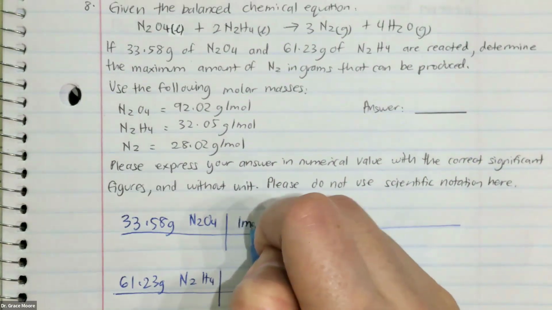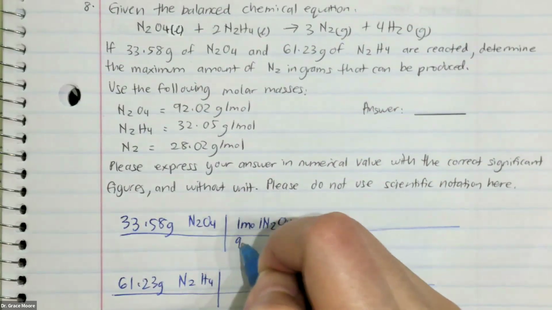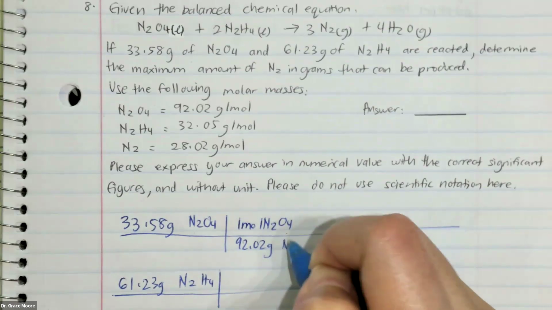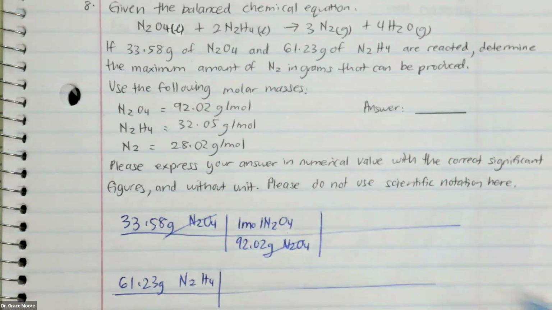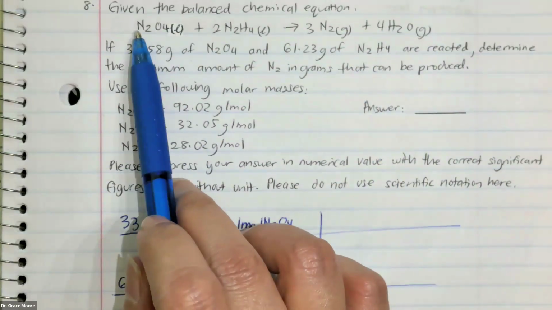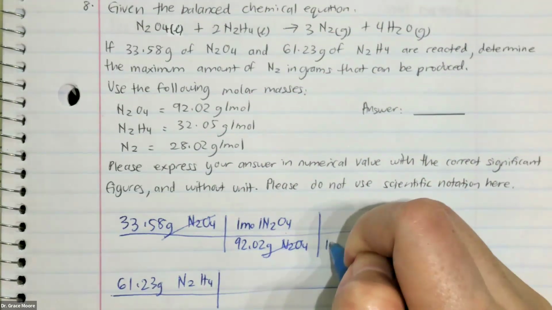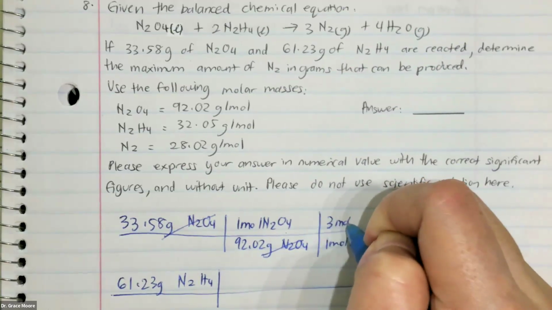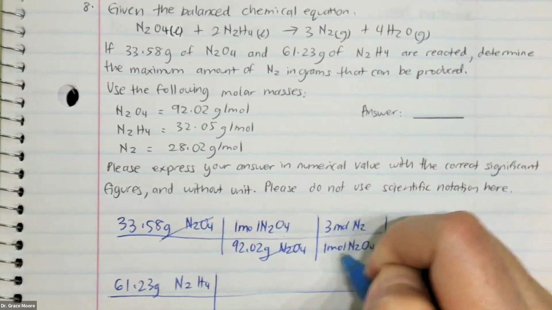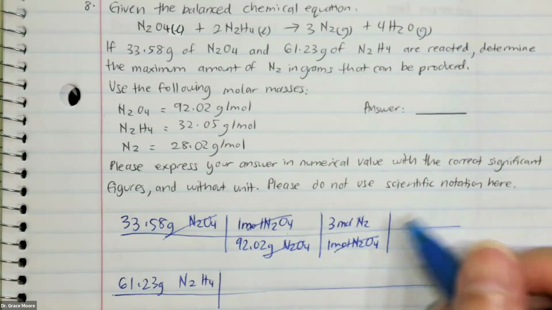So 1 mole of N2O4, it's given here, is 92.02 grams. So I just converted the grams to moles. Then I do the mole to mole ratio, 1 mole of N2O4 to 3 moles of N2.